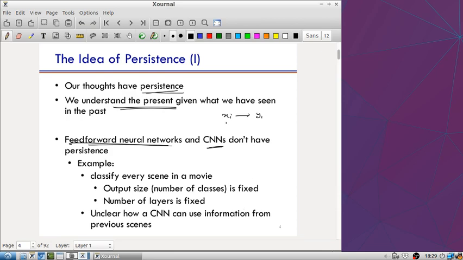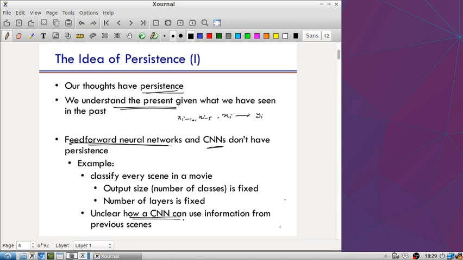Now, maybe yi should depend not just on xi, but maybe the data itself has some order relationship, and it should depend on xi minus 10, xi minus 5, and so on. So there is some previous data that also probably affects what you predict now. Okay.